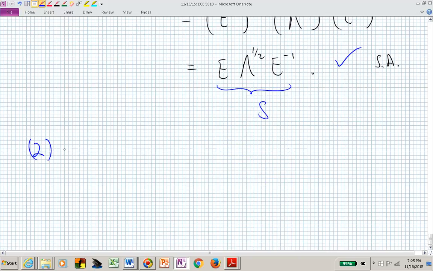We also need to show that it satisfies this inner product non-negative result.